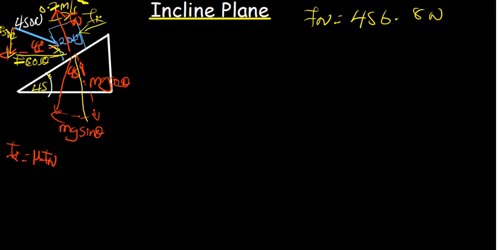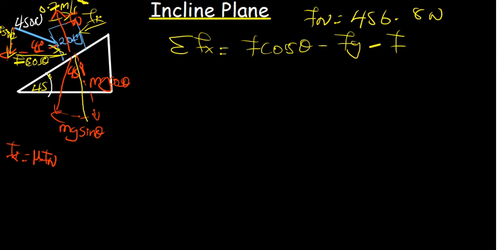We are going to have the forces in the x direction. We have the applied force, which is F cos theta, minus Fg, as we have said, minus again the Fk.